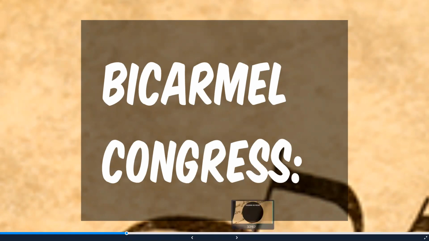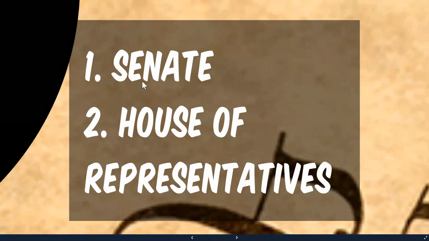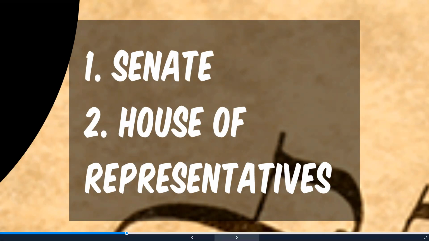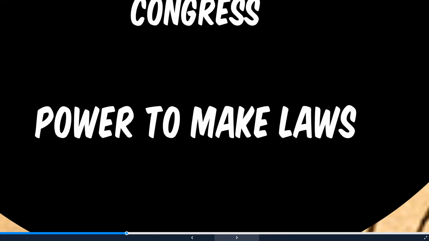So not only did we break the federal government up into three parts, we also broke the first part, the legislative branch, up even further into two additional parts. We have the Senate, and then we also have the House of Representatives. And collectively, their power is to make laws.